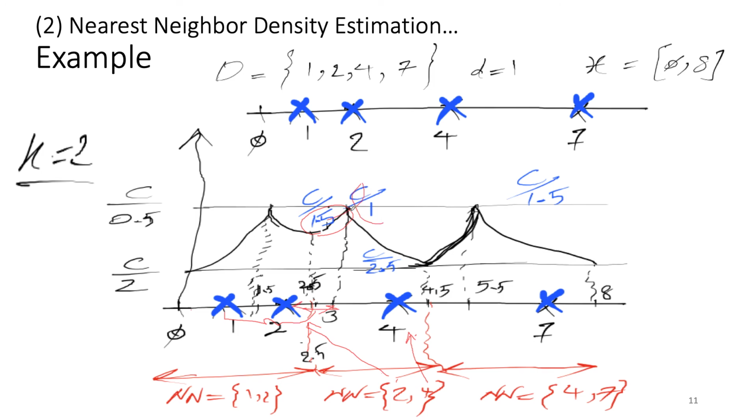So that's why you have C over 1. And just like that, you have another one, C over 1.5. So in the case of k equals 2, we had these 3: the first one, 1 and 2, the second one, 2 and 4, and the third one, 4 and 7. Okay?